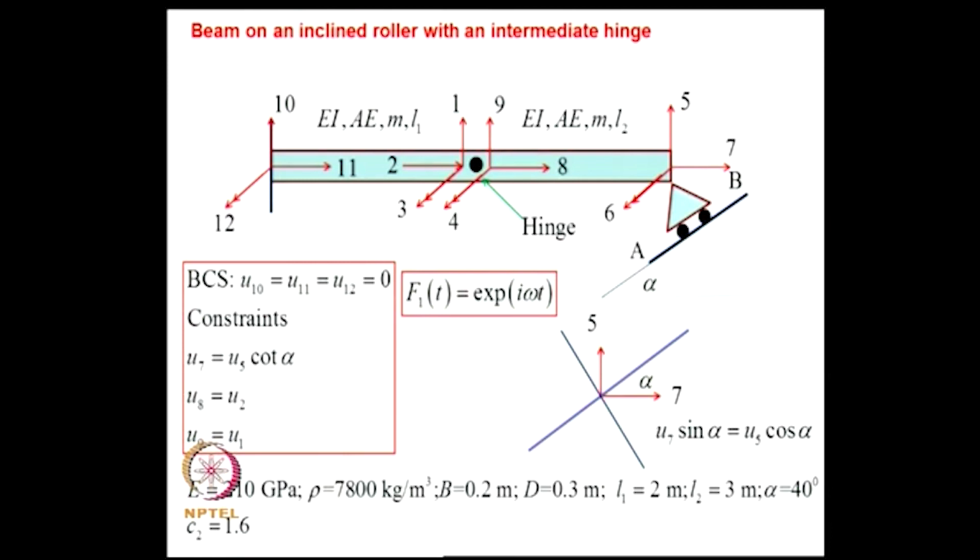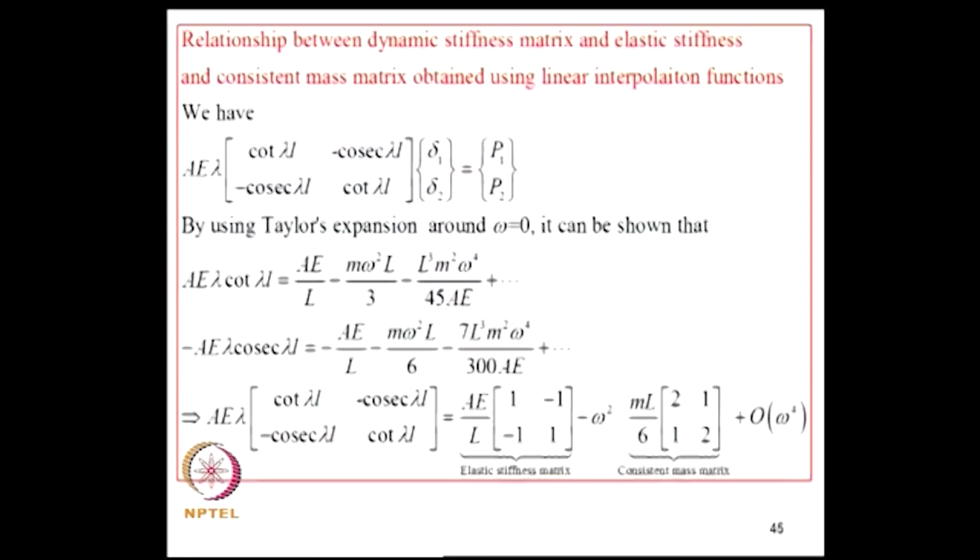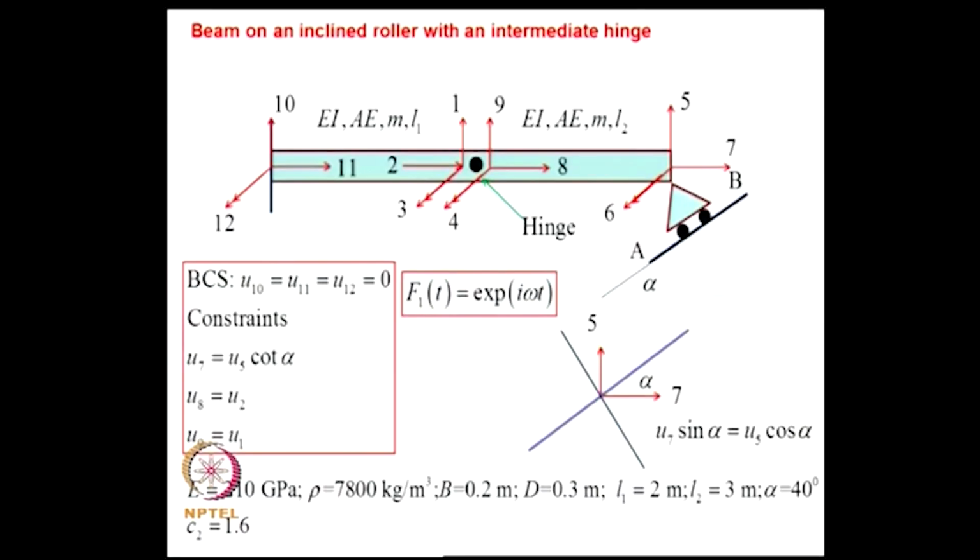So, if you recall, we have made a 6 degree of freedom approximation for this, and I am not going to give all the details, I will leave this as an exercise.